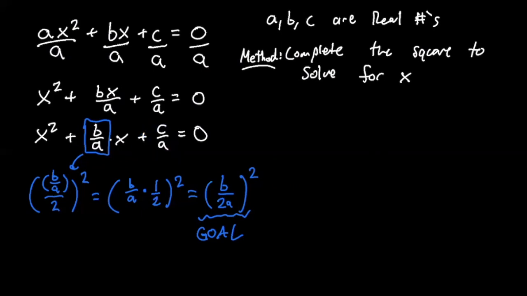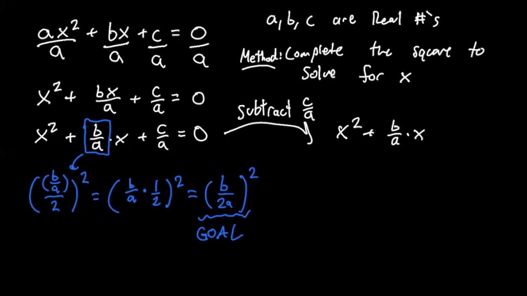First, I'm going to subtract the constant that we already have, c over a, from both sides, to give us x squared plus b over a times x plus 0 equals negative c over a.